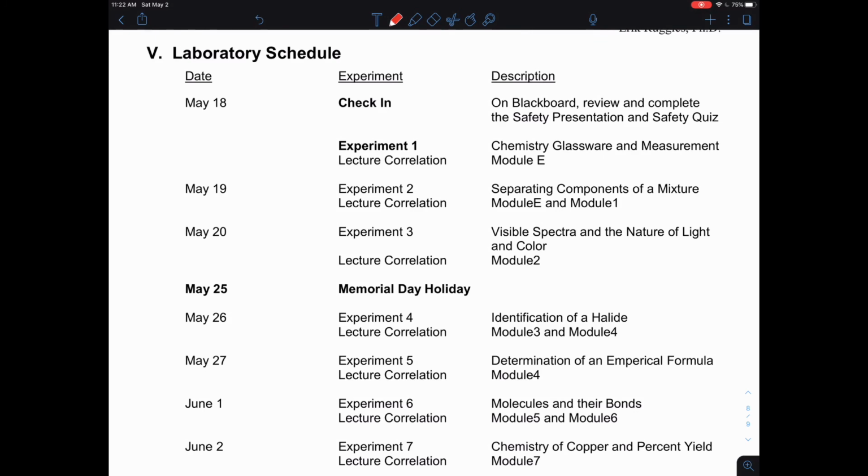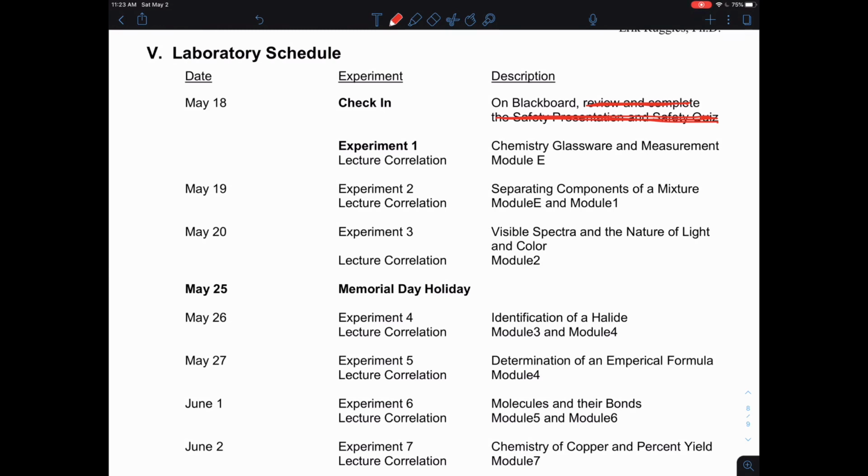The lab schedule is, again, like I was saying, Monday through Wednesday. You don't need to worry about the safety presentation or safety quiz. But on May 18th, we're checking in with the lab and we're starting with experiment 1. And so here we have all the experiments going down through, which relates to lab flow.